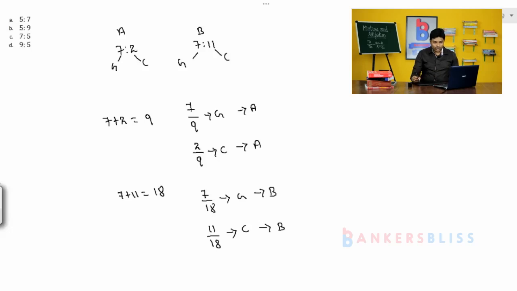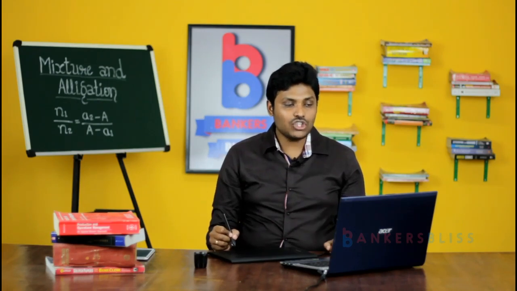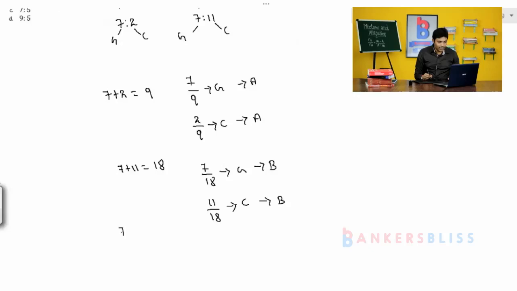Now in the question, they are telling, if equal quantities of alloys are melted to form a third alloy C, the ratio of gold and copper. Means gold and gold you have to add, copper and copper you have to add. So gold and gold means 7 by 9 plus 7 by 18, ratio of 2 by 9 plus 11 by 18.